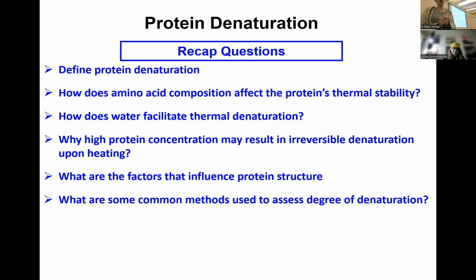How does water facilitate thermal denaturation? Like usually if you have low water concentration, you'll have higher energy. Exactly. What happens when the protein is in a lot of water and then you heat? Go ahead. Like the water can go inside the molecule to break the hydrogen bonds. Exactly. So there's swelling.